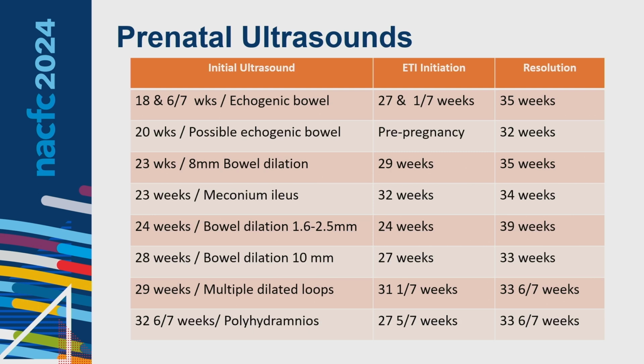So for the pre-pregnancy person, we'll sort of scratch them off the list, but ETI was able to be started as early as 24 weeks and then as late as just before 32 weeks for this group of patients, with findings on the initial ultrasound having resolved on subsequent ultrasound anywhere from 32 weeks to 39 weeks.